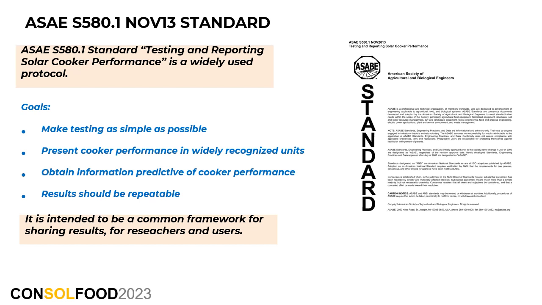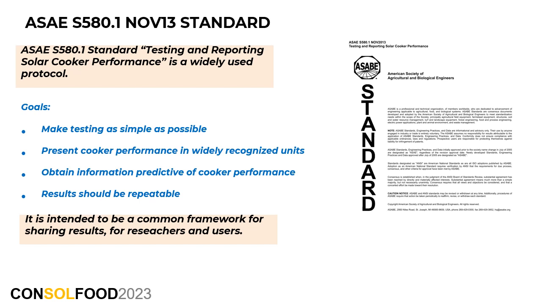It is intended to be a common framework for sharing results for researchers and users. Its goals are to make testing as simple as possible, to present cooker performance in widely recognized units, and to obtain information predictive of cooker performance.